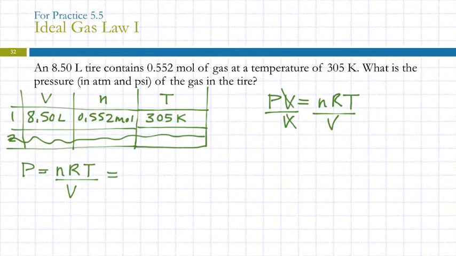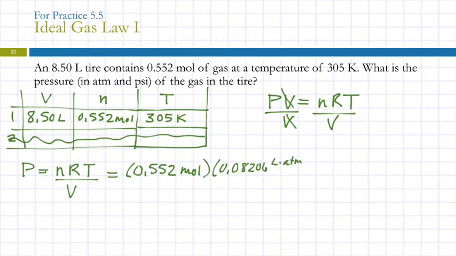Okay, so what's n? Oh, we've got that labeled right there, 0.552 moles. And R is something we should memorize. It's a constant, 0.08206 liters times atmospheres divided by moles times Kelvin. Temperature is 305 Kelvin.